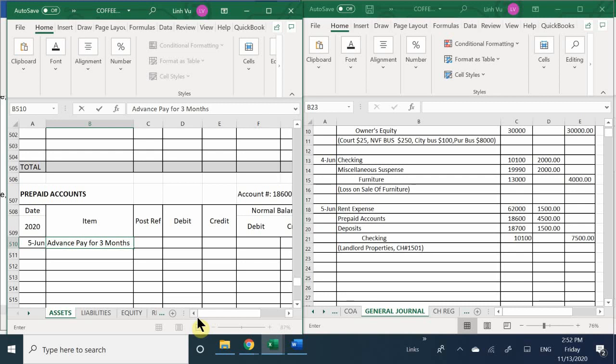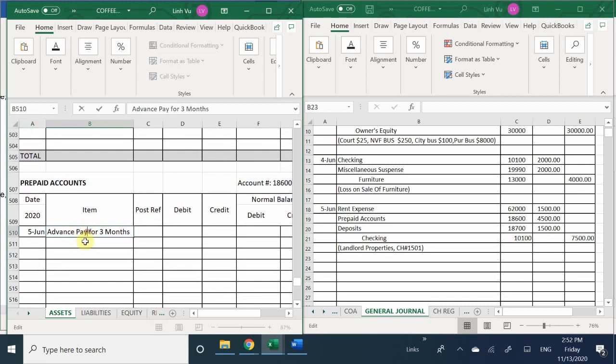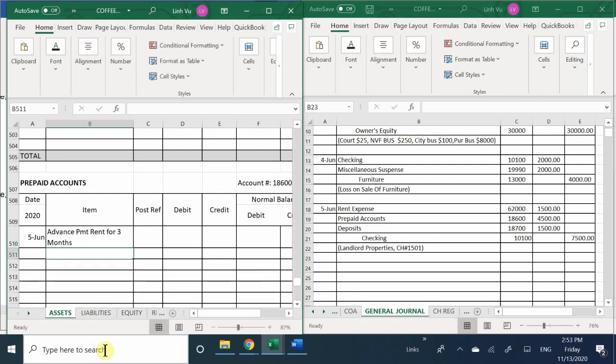Yeah, because they're intangible. Oh, advanced. I think I want to say advanced. Well, actually, advanced payment rent for 3 months. Okay.